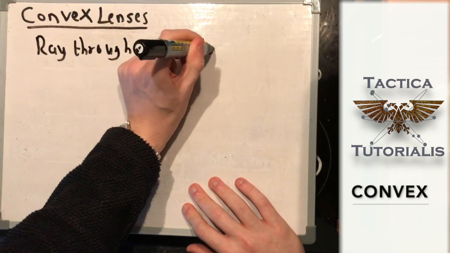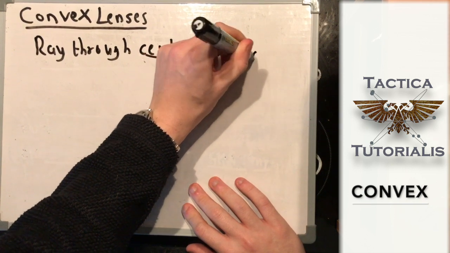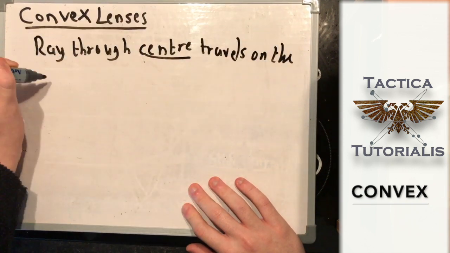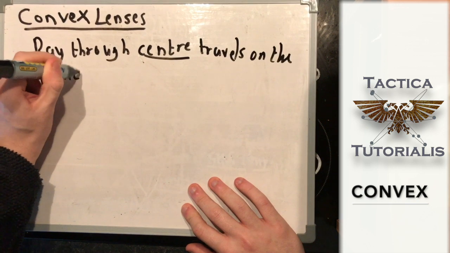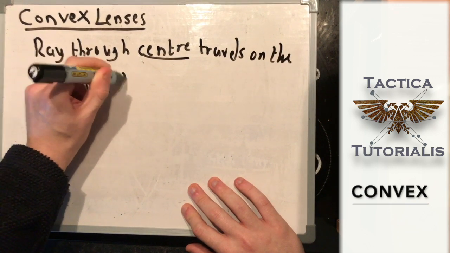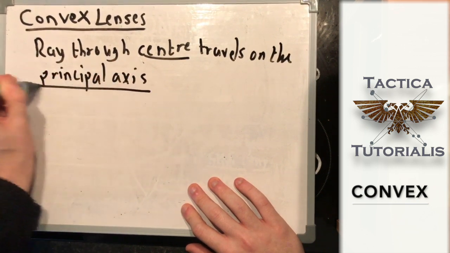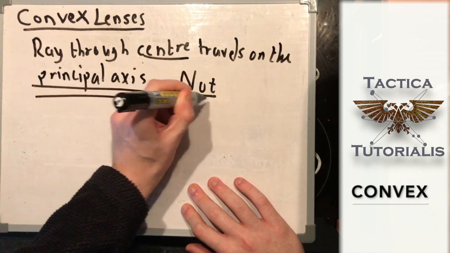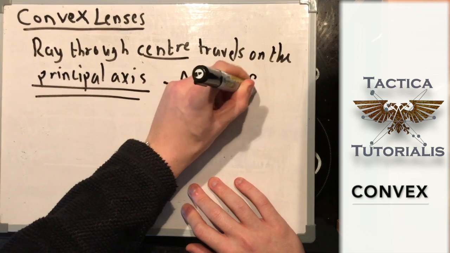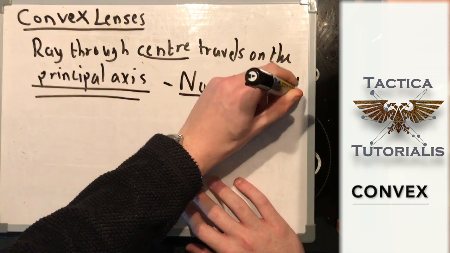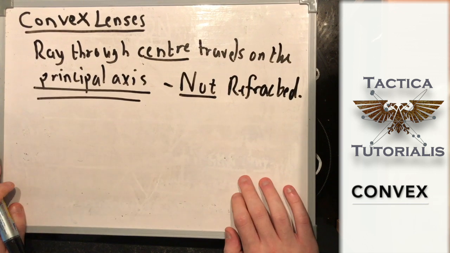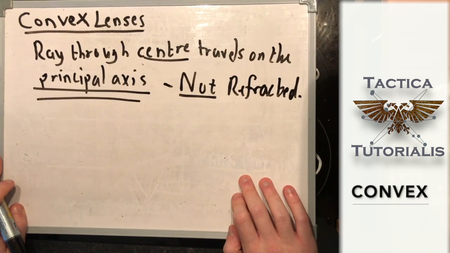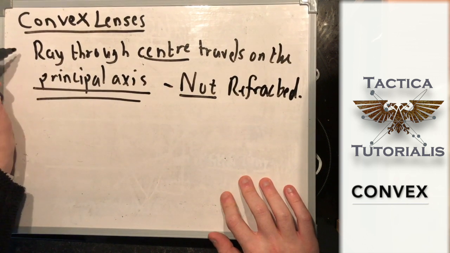Center travels on the principal axis, not refracted. So what we mean by that is it travels in a straight line and its path does not change direction at any point.